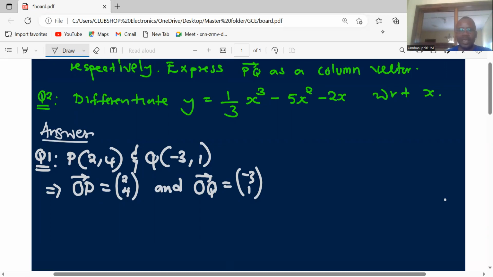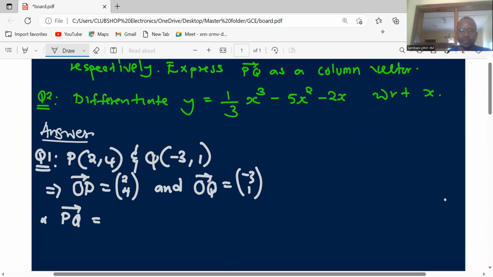Now, let's look at the question that we have beforehand. Are we then able to express PQ as a column vector? What we are going to do is recognize the fact that we are starting from the origin, which is the position vector.